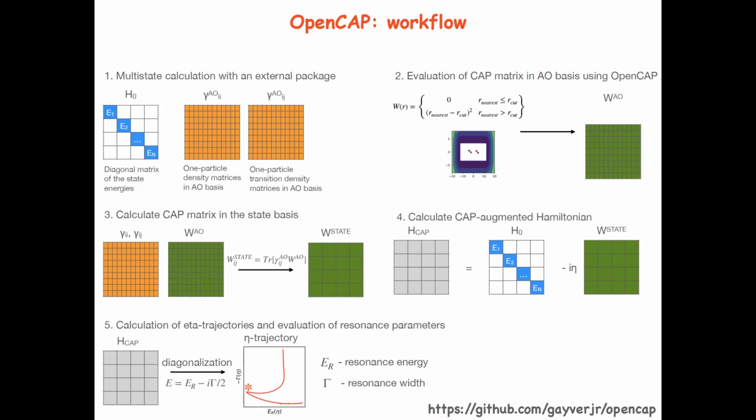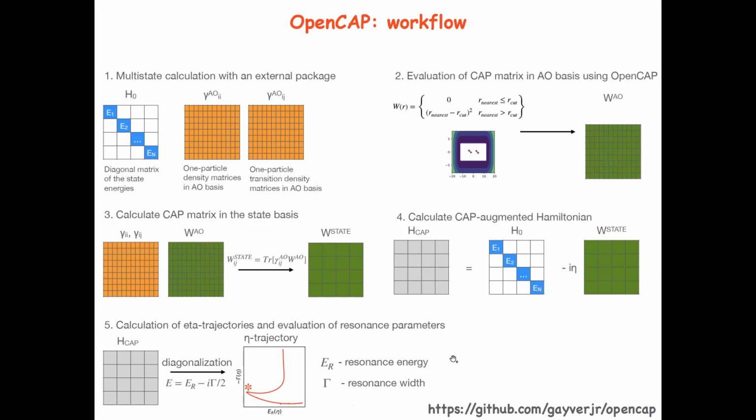Again, typically rather moderate dimensions of the space, from 5 to 15, 20. Then in OpenCAP, we evaluate CAP matrices in the atomic orbital basis. Once we have the one particle density matrices and transition density matrices, we can generate the CAP matrix in the state basis. We combine the zero order Hamiltonian and CAP represented in the state basis to obtain the CAP augmented Hamiltonian matrix. We diagonalize and we get resonance parameters, energy and width.